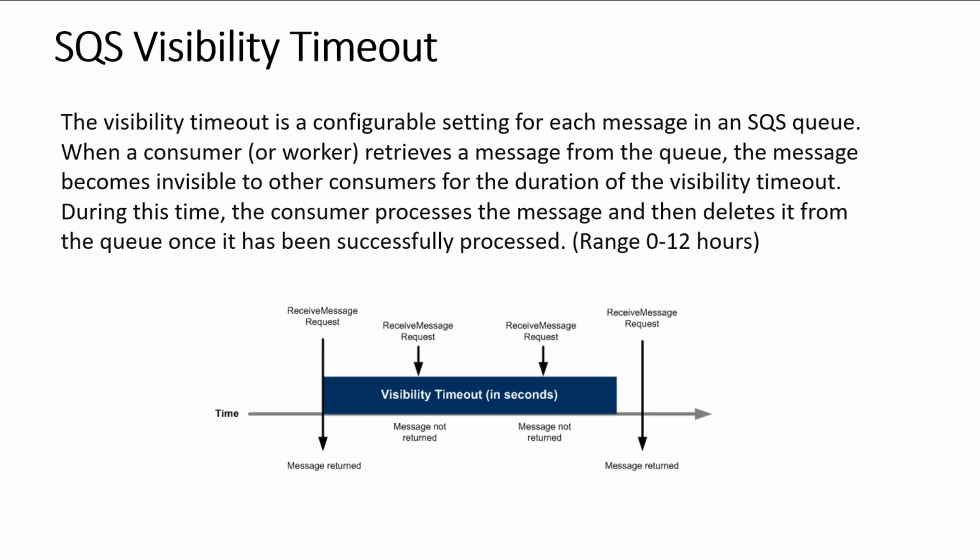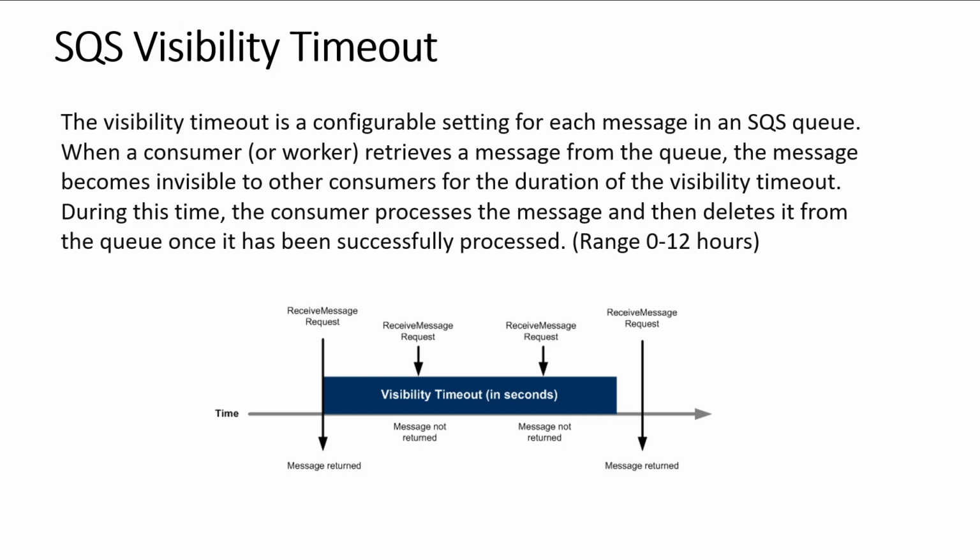This diagram clearly illustrates the concept of visibility timeout. The time is shown on the x-axis. Whenever the first receive message request comes for a particular message, the message is returned and the visibility timeout is started. Now, when there are further requests for that particular message, the message is not returned because the message is invisible to other consumers that are polling the queue.